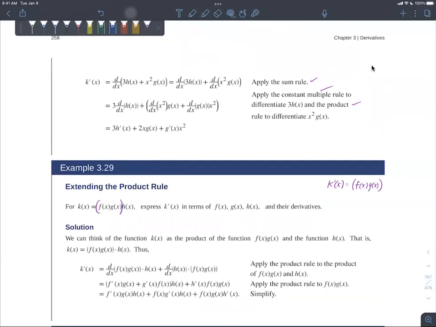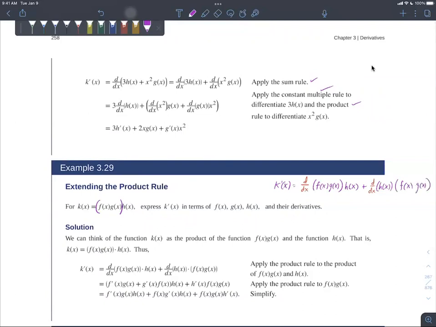and we have the derivative of that. We take the derivative of the first function times the second function, h of x, plus the derivative of the second function, the derivative of h of x, times the first function. The first function was actually the product of 2 functions, f of x, g of x.